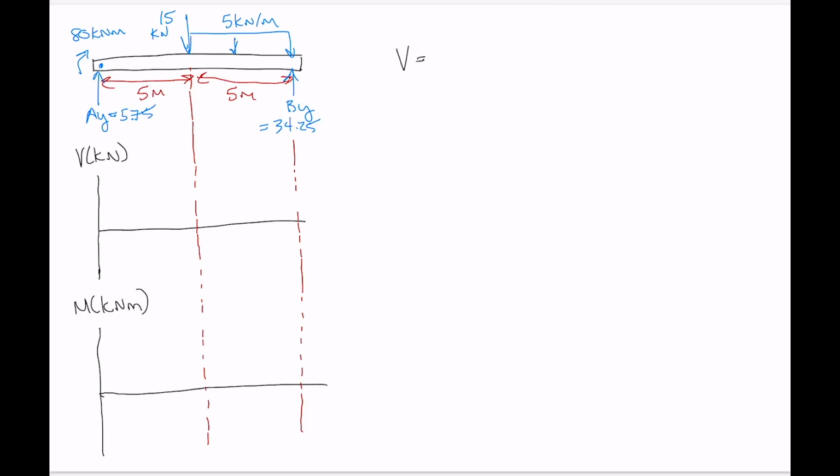So for the first section cut that we did, we had shear was 5.75, and we had the moment was, let's see, 80 plus 5.75 L. And this was both good for 0 to 5.